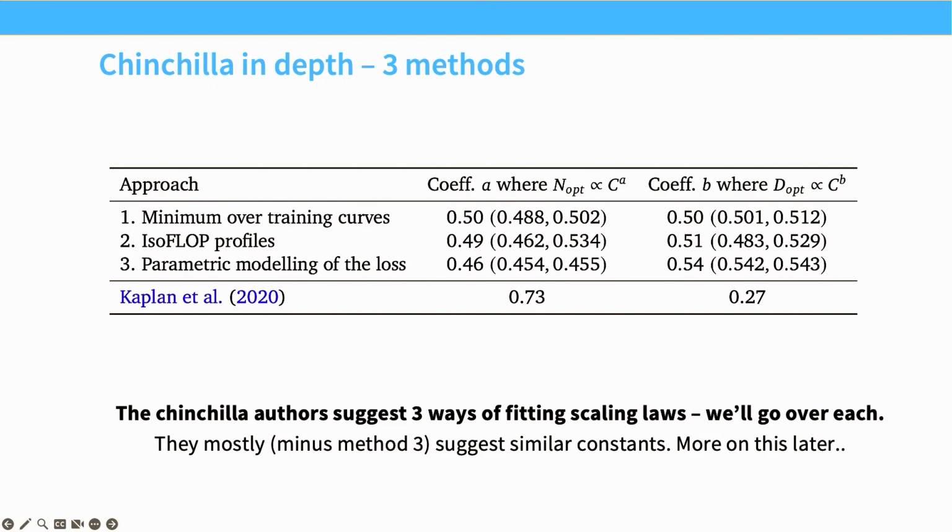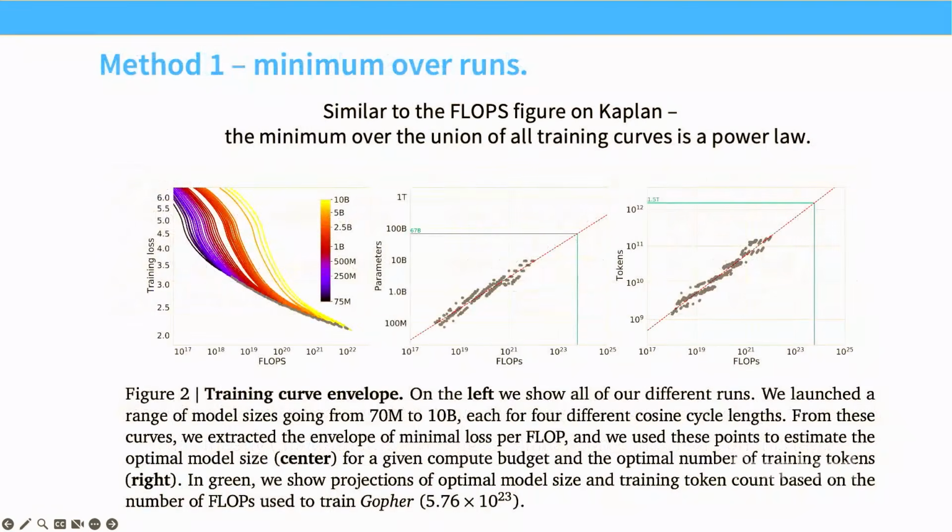Methods 1 and 2 both agree that the coefficients for data and for model size are roughly the same: 0.5, 0.5, and 0.49, 0.51. Method 3 does differ, 0.46 and 0.54, but we'll talk about why later. Kaplan et al., of course, have a very big difference between the two, right? Which is why they were training big models at big compute sizes.